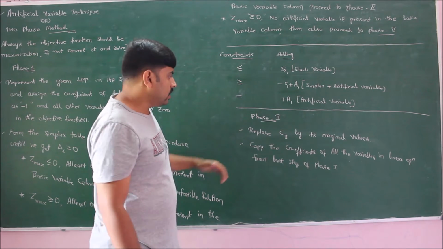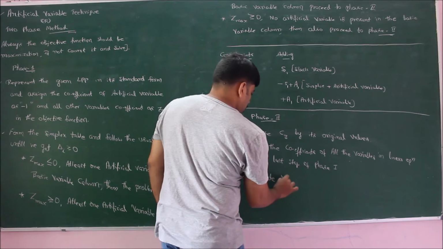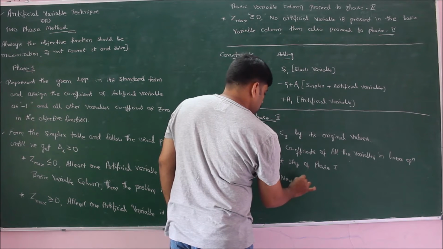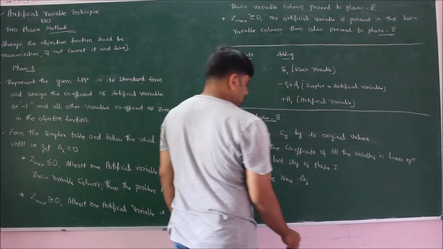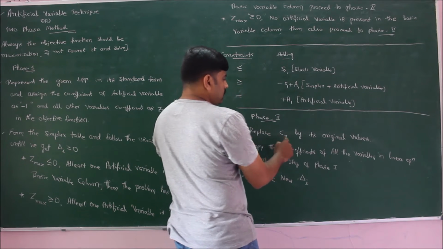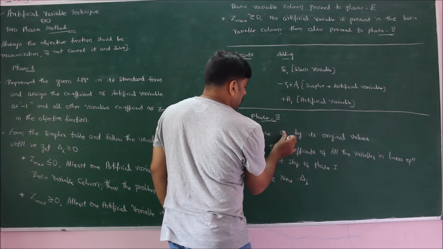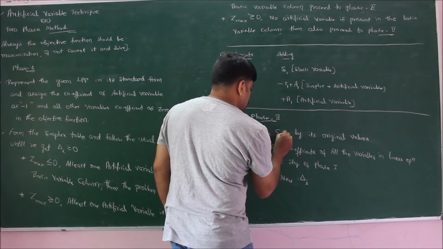Next, calculate delta I here. When you are replacing the values of CB by its original value, you should also replace the values of CI also. Replace CB and CI.